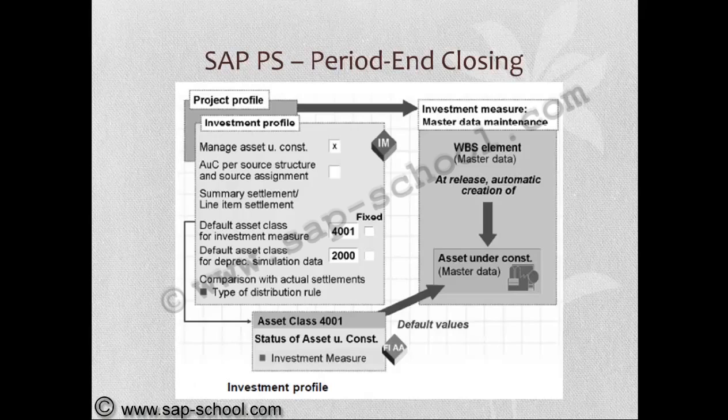In the investment profile, we are considering manage asset under construction. That means it generates the asset under construction automatically when the investment measure has been released, and we assign a default asset class to it.